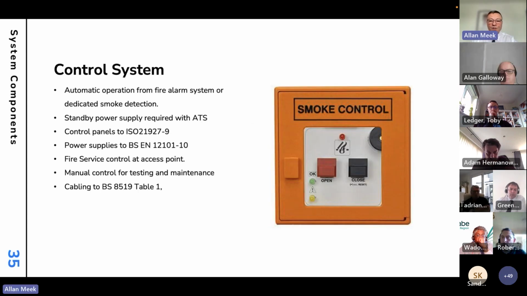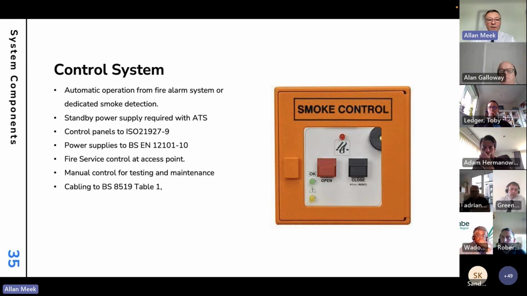And then the control system will almost always be a programmable, addressable system. And it should operate automatically from the fire alarm system or a dedicated smoke detection system. It needs standby power from a separate supply with an automatic transfer switch, which complies with BS 8519.